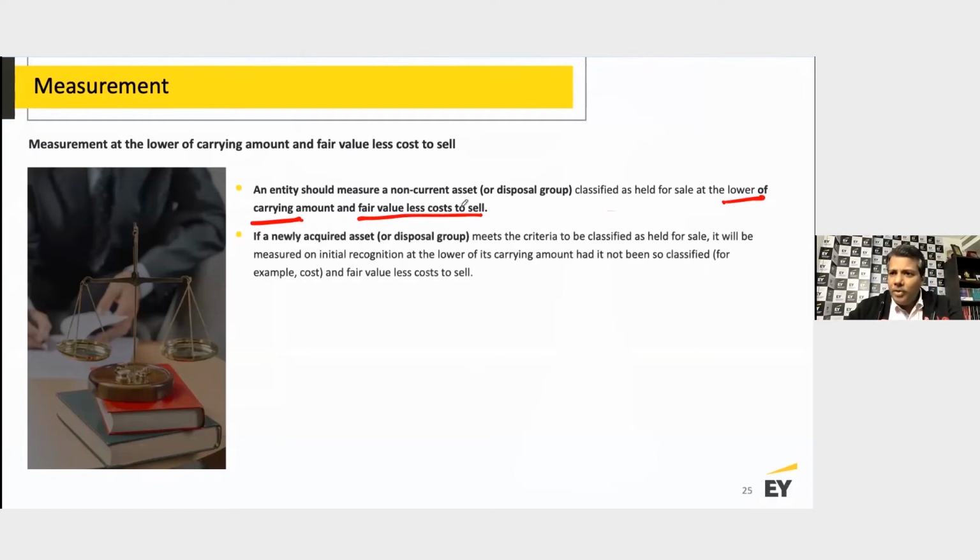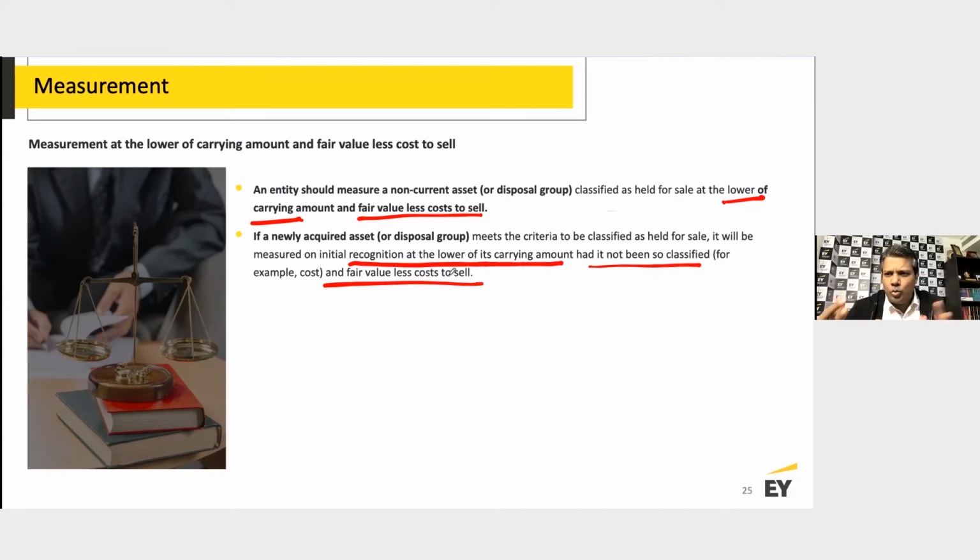If a newly acquired asset, which I've acquired with the purpose to resell, it will be measured on initial recognition at the lower of its carrying amount had it not been so classified, and fair value less cost to sell. It is extremely unlikely, because when you purchase it, that is evidence of fair value, since that's the transaction value.